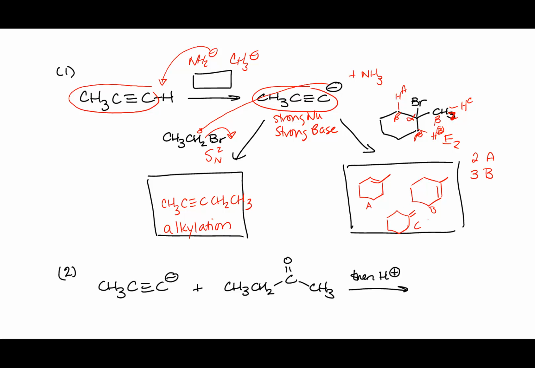Are any of those the same? Which ones? A and B are the same. How do you know if they're the same? The easiest thing to do is name them. Or you can see if you can just rotate one into the other, which you could do by taking A and rotating it like this, and then it would become B if you rotated it.